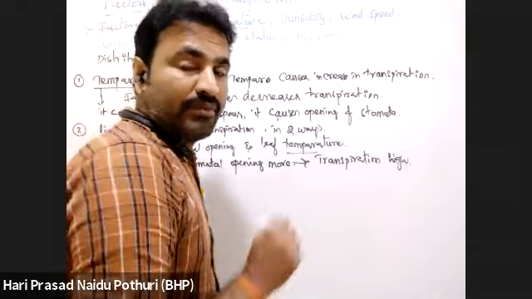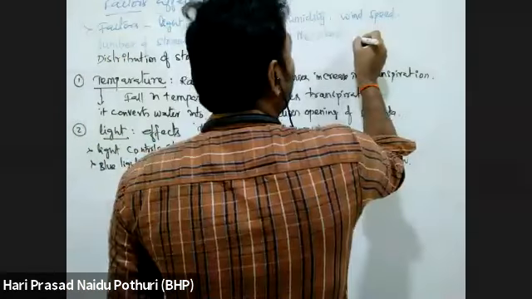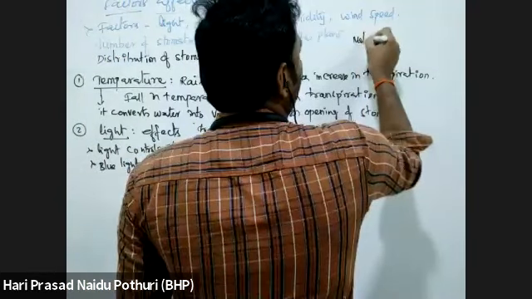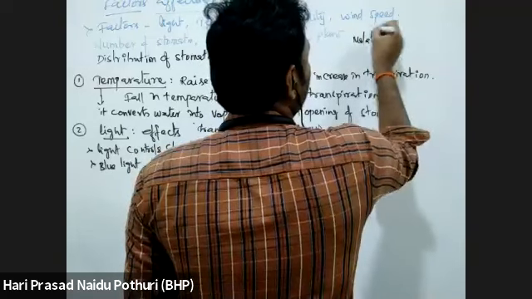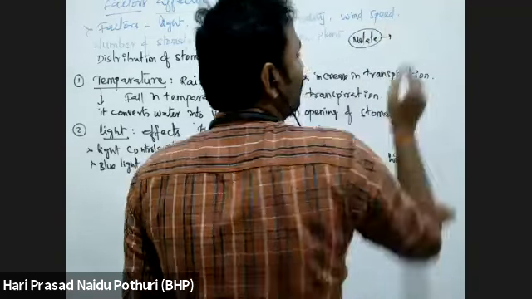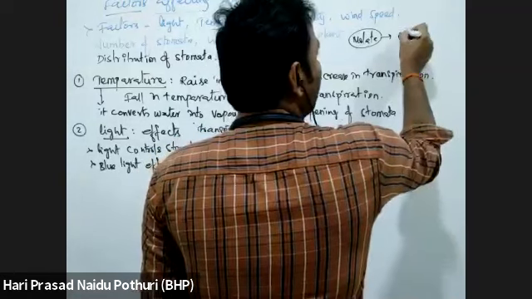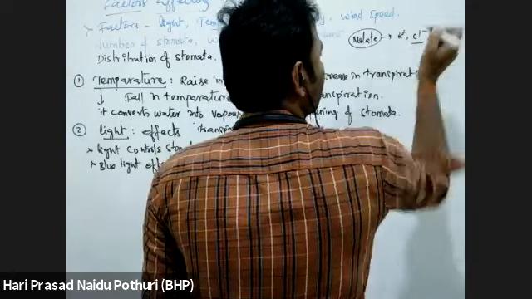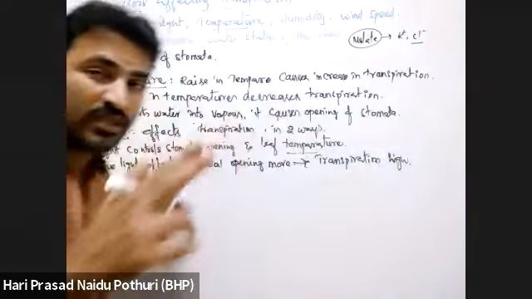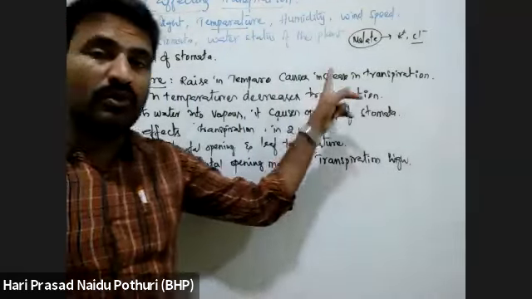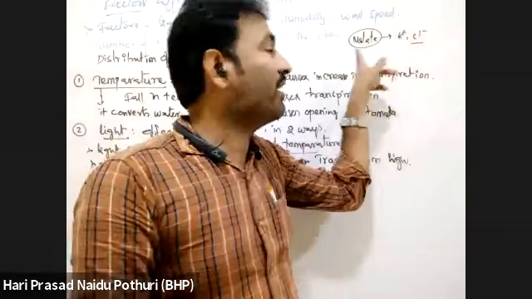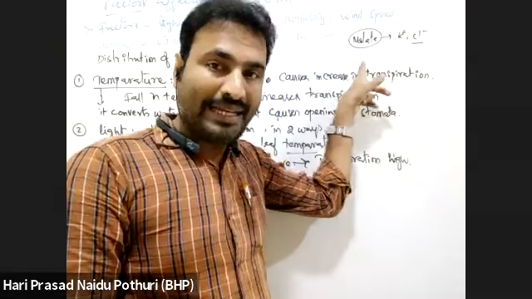I told you in the previous class what happens. Organic acid, suppose malic acid is there, that malic acid is converted into anionic form. I told you malate ion, K+ ion, Cl- ion. Starch first breaks down into organic acids, and the organic acids are converted into ionic form like malate ion.